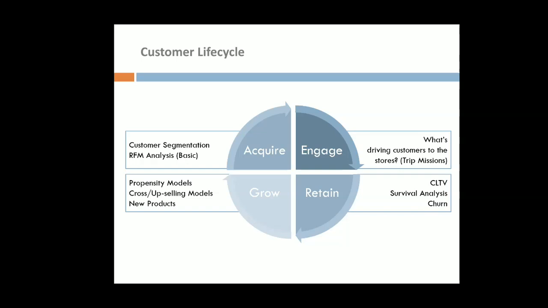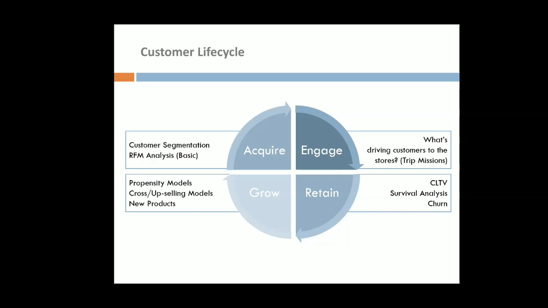The third stage that comes after engaging these customers is how to retain them. Now you are in a market position where you have, let's say, competition, and there's a chance that your customers might switch to different brands, switch to different products, and they might not be loyal anymore. So how do you understand who these customers are, who could probably churn, or who could likely switch to a different brand?